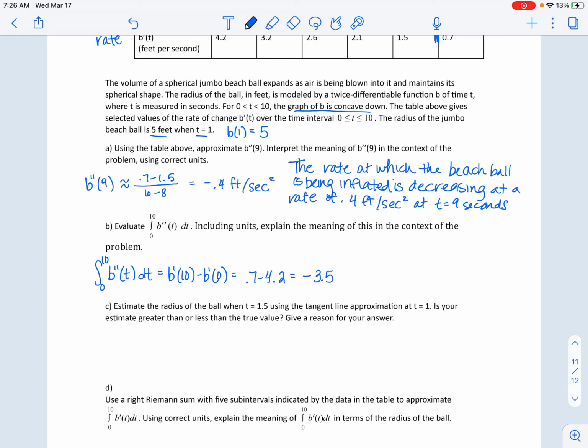And then explain this in the context of the problem. This says that the rate at which the beach ball is being inflated decreased by 3.5 feet per second from t equals 0 until t equals 10.